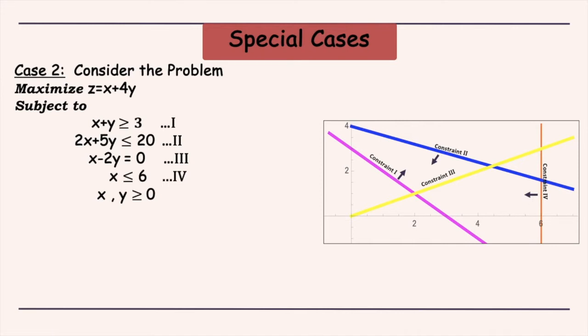If we now try to figure out the corner points, we can see that only these 2 points are the corner points, because our feasible region now is just this particular line segment joining the 2 points A and B. This is the only portion which satisfies all the 4 constraints simultaneously.